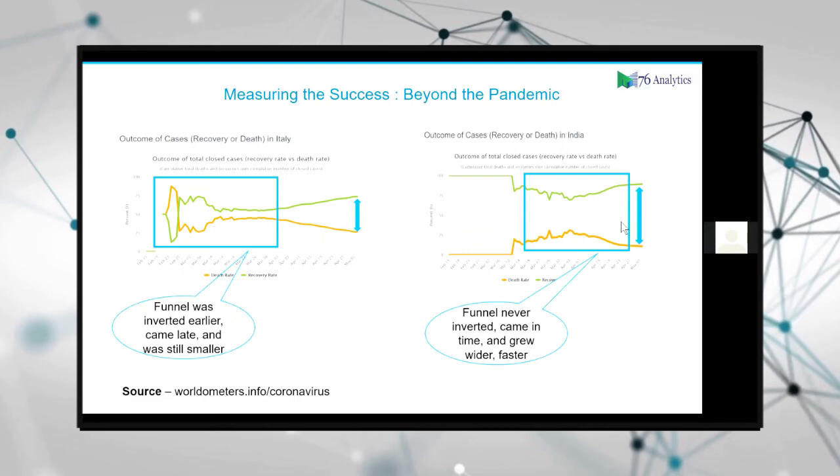Once the curve starts flattening, the second parameter you want to look at is whether you are confident you can start opening up. So once the gap between the green and the orange keeps widening, governments can get more confidence that they can start opening up. And that also explains Italy's opening up of a fair amount of the country. It is this widening funnel which gives the confidence to the government.